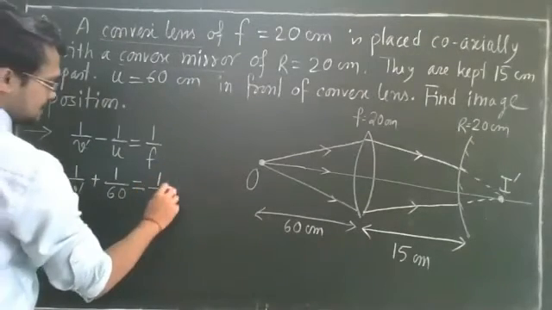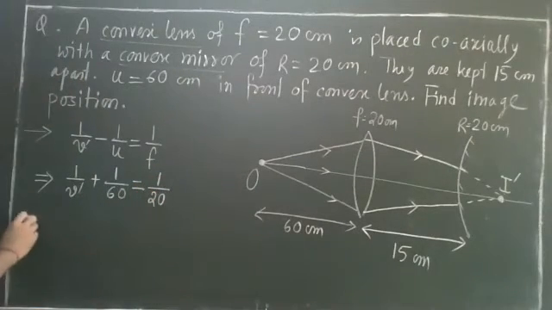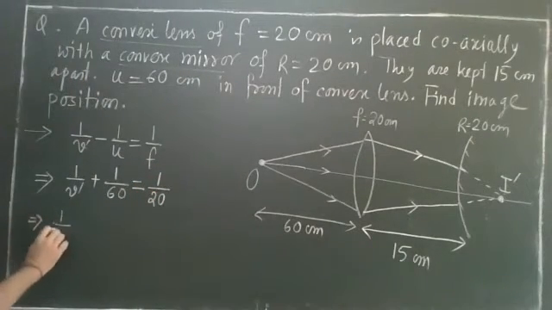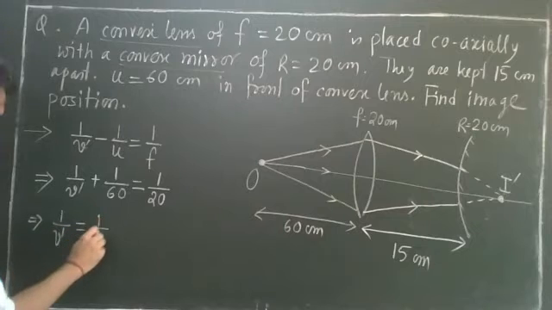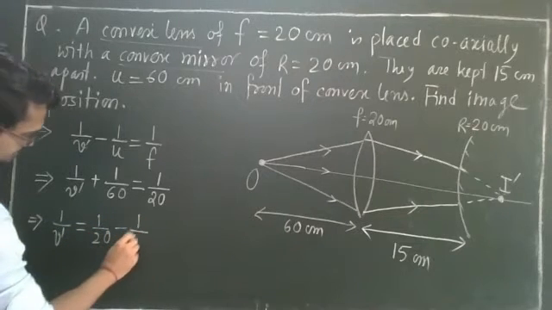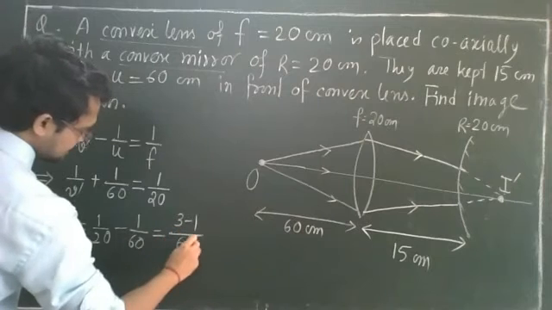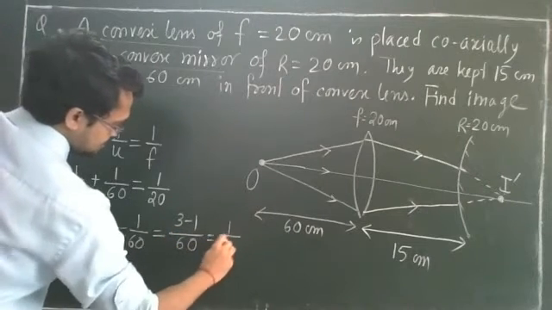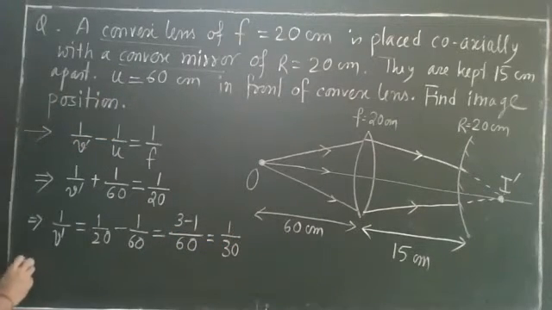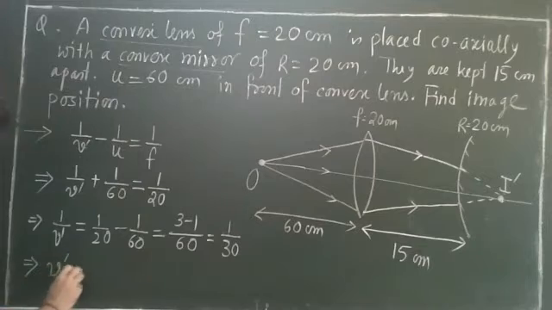So 1 by 20. Calculate your way. 1 by 20 minus 1 by 60, 3 minus 1 by 60, that means 1 by 30. So v prime, are you getting? v prime equal to plus 30.